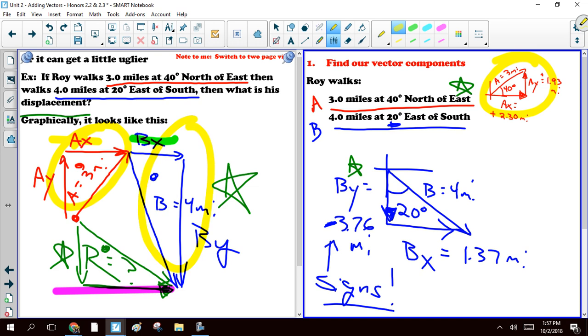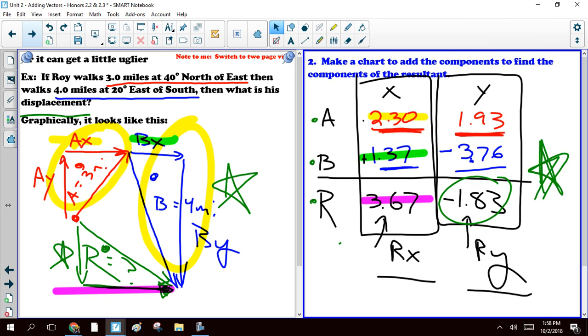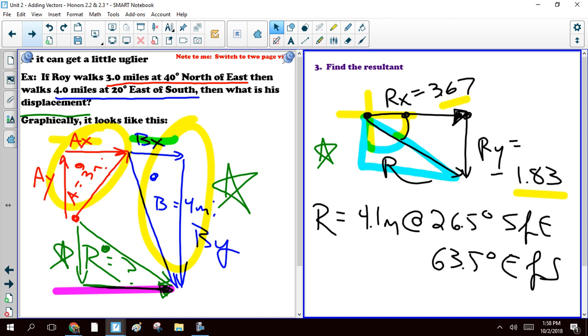Blue triangle, those triangles are the same, but flipped over. Unfortunately, this one isn't to scale. It should be more like this. I just didn't do a good job drawing my 20 degrees over here. Okay. And finally, we've got the green one, which corresponds with this black one. Okay? So that is how you do that.